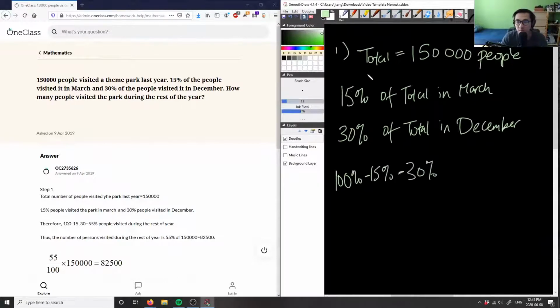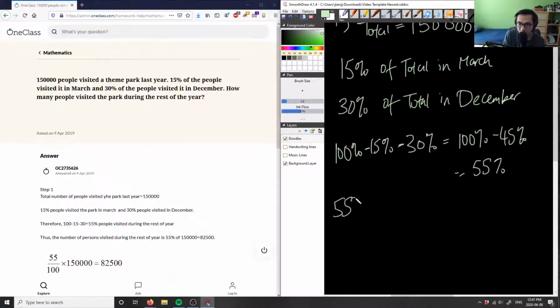Because again, we have 15% of the people in March and 30% of the people in December. So this expression, 100% minus 15% minus 30%, will give us the amount of people that visited in the months that are not March and December. So this is simply 100% minus 45%, which will give me 55%.